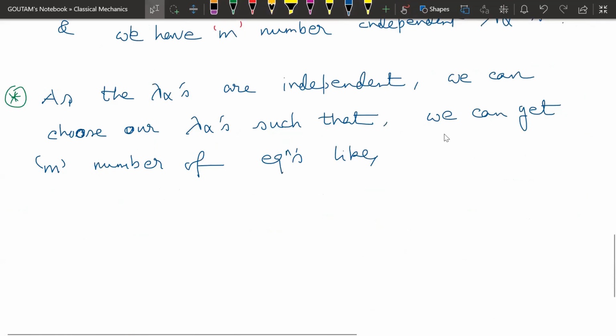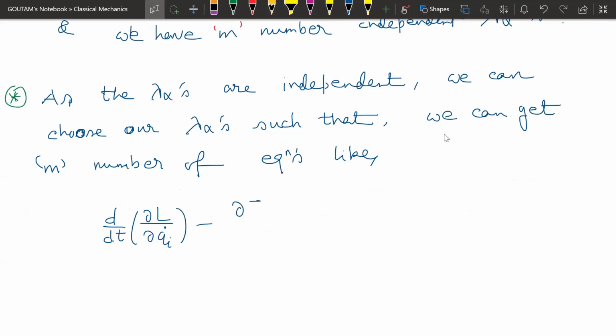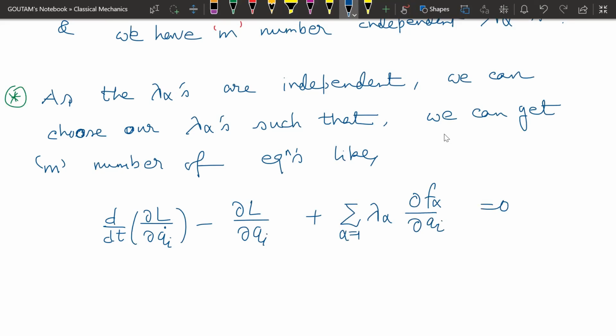Like this: d/dt of del L del Qi dot minus del L del Qi plus sum over alpha equal to 1 to m of lambda alpha del F alpha del Qi equals 0.